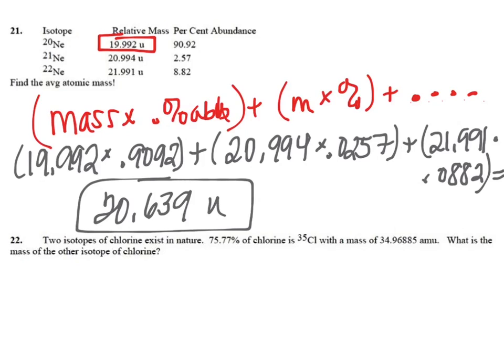Here's one where you have to find the mass of the other isotope. So how can we do this?